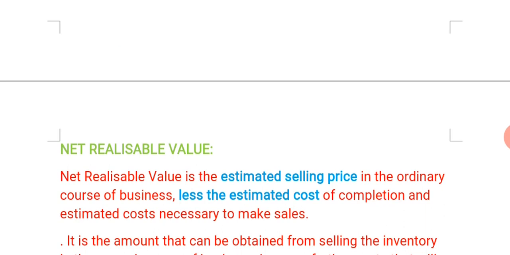Then less any cost of completion, if you are processing it, and estimated costs necessary to make sales. Any cost that must be incurred to make that sale, you deduct it. So it's basically how much you expect the inventory will be sold for.